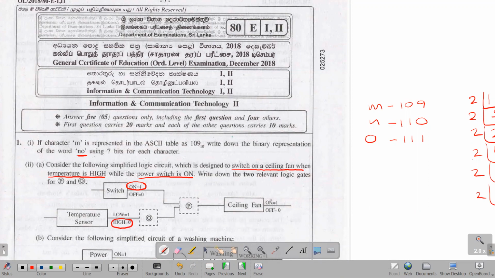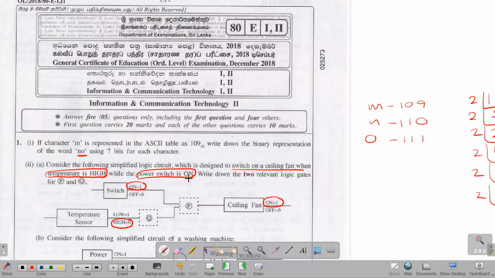So if the ceiling fan is to be on, it's going to be a 1, right? And for the ceiling fan to be on, both conditions should happen together. That means temperature is high and power switch is on. Both should be satisfied, right?